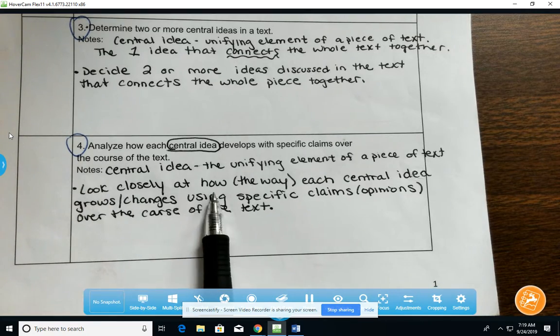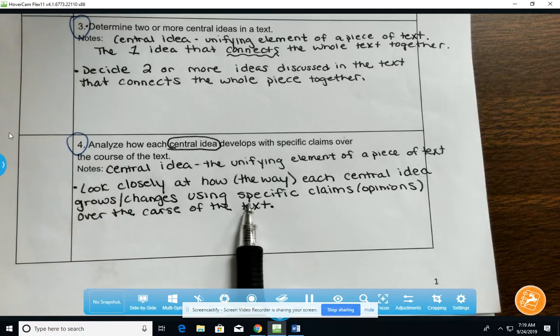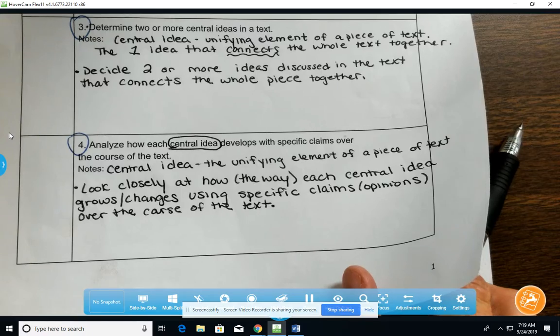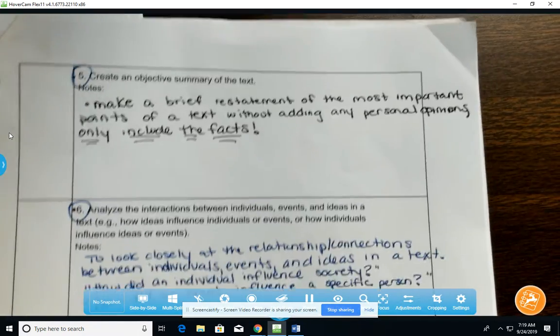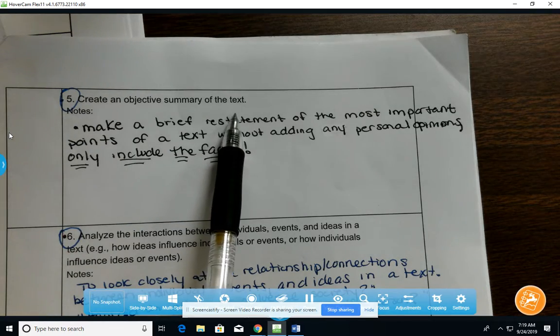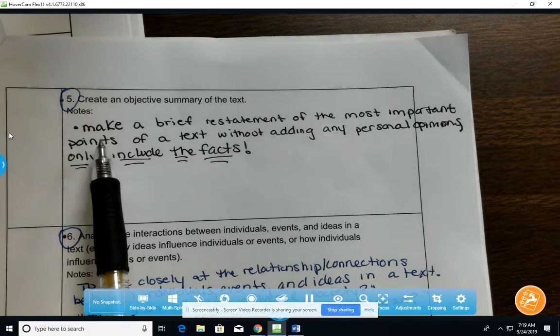So as we determine what those big ideas are that connect the whole text together, we have to look at how those big ideas grow or change in this specific section that we're talking about in the text. And then lastly, we're going to look at learning target 5, creating an objective summary of the text. Because in that first phase of reading, it's all about what is the text about.